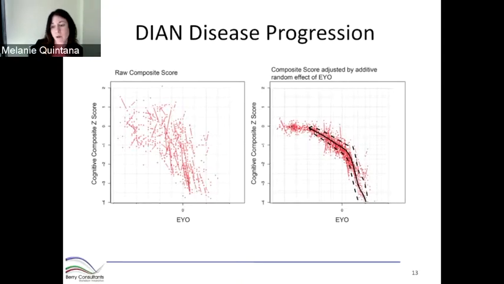If we subtract off those random effects, we get this sort of data. We're subtracting off the Y-space random effects, shrinking these subjects in towards each other, and subtracting off the estimated random effects in the X-space.